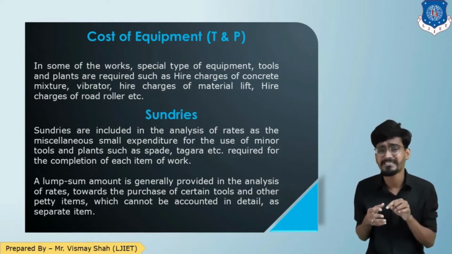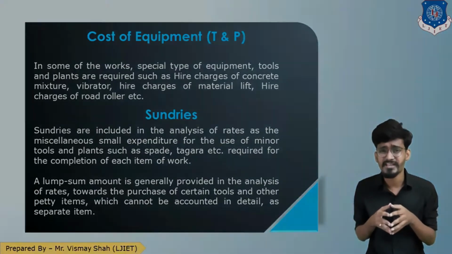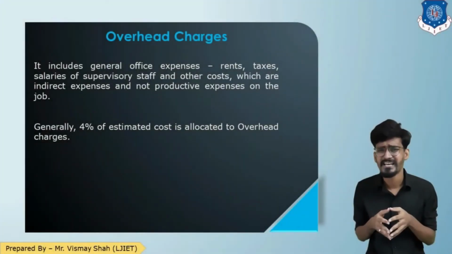Now this is for the material sundries. For labor sundries, you also have to consider their food charges or their transportation charges from one site to another. So that is your labor sundries. I hope we are clear about the sundries. The next is overhead charges.